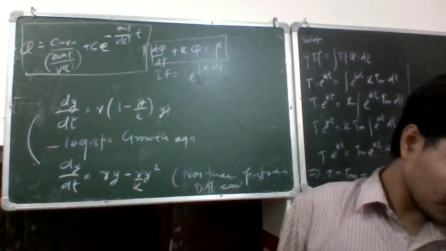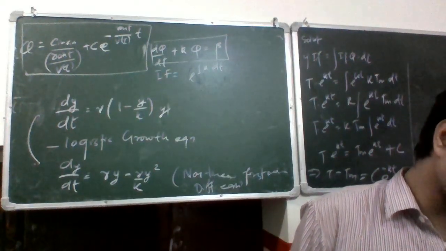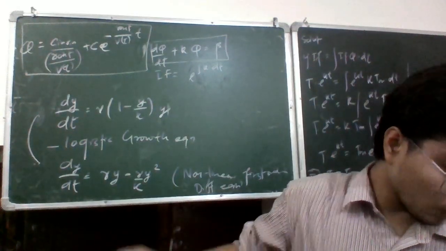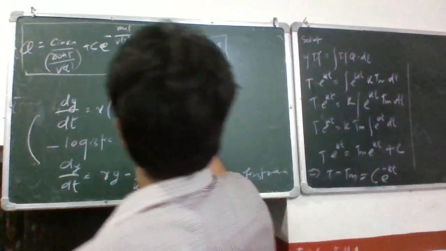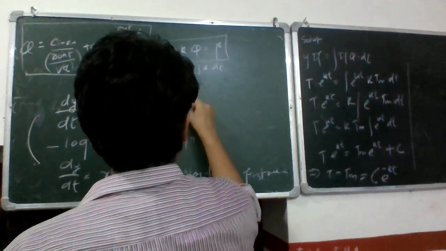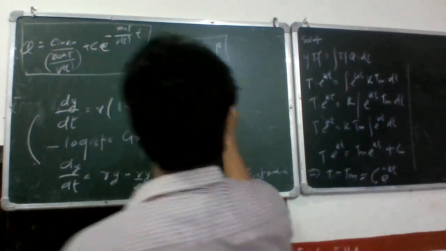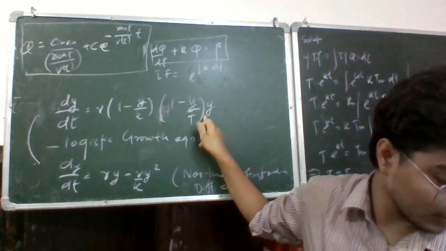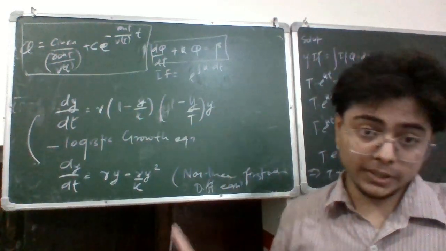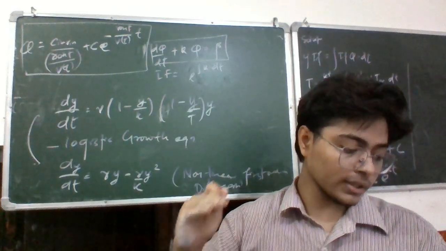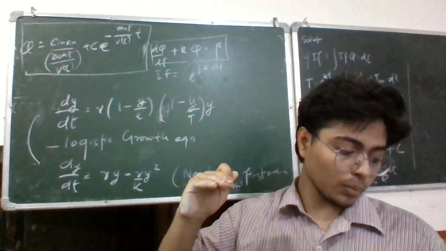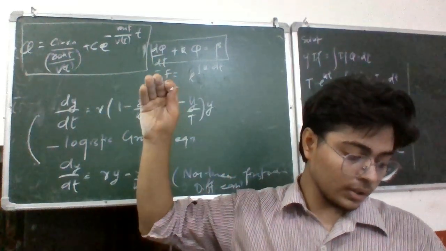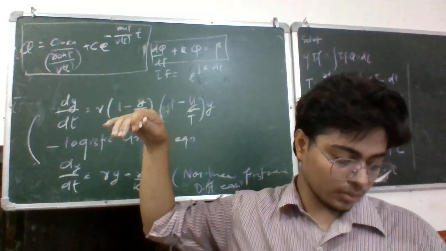Now there is something called the logistic growth model with a threshold, and in that we have 1 minus y by T, times y. If the population size is below a certain threshold level, then the population will decrease to 0. But if the population is above the threshold, then it will behave like logistic growth.